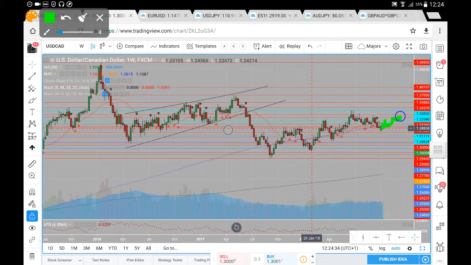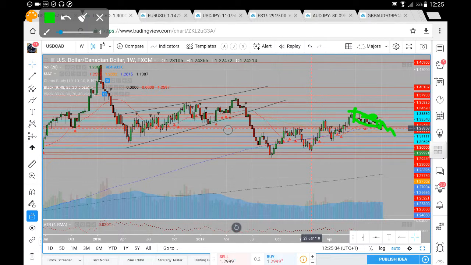So we'll see if we do have this continued recovery here, and if we can reaffirm the larger trend from 2017, which was to the upside on the US dollar CAD, or whether this is merely a false dawn and we'll break back down, in line with the current developments that we have seen, which were a lower US dollar against the CAD.